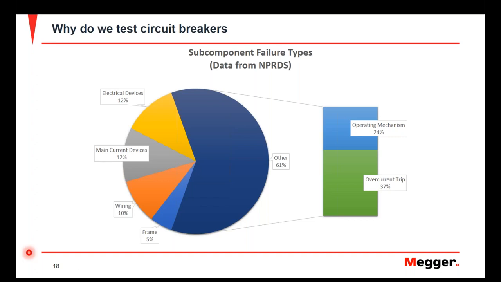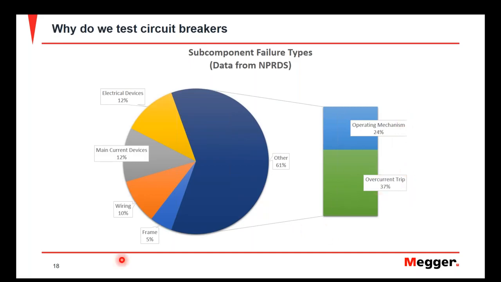But if you look at this graph that we have, which came from EPRI, it's a representation of subcomponent failures when we talk about circuit breakers. You can see that the vast majority of failures with circuit breakers has to do with the operating mechanism and the overcurrent trip element of the breaker.